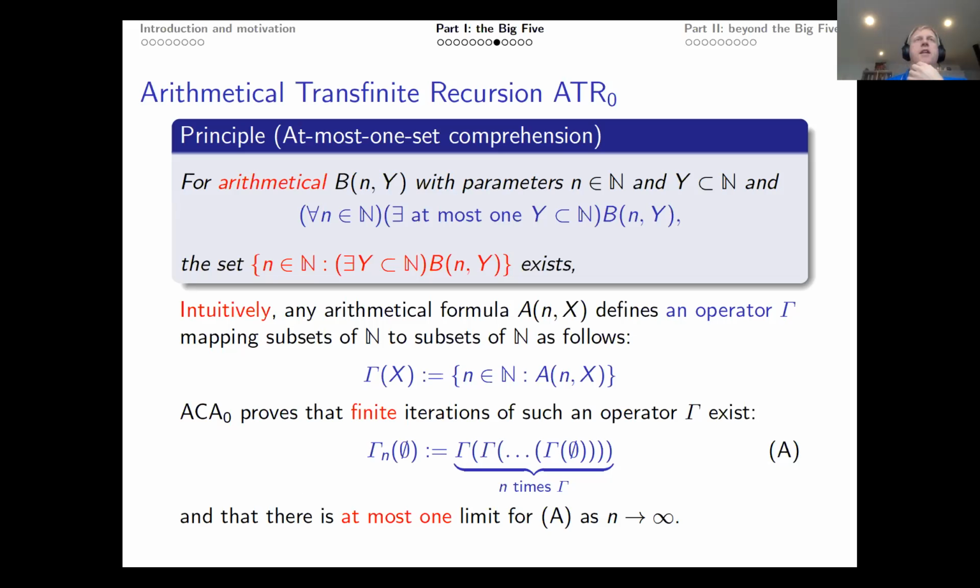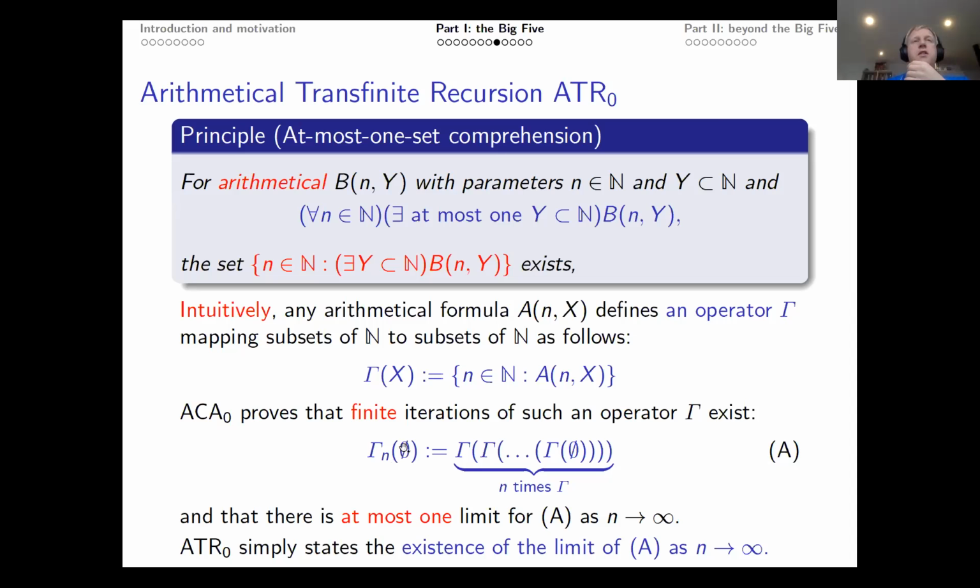We have this condition, and ATR0 just says that this limit just exists, obviously, because there's at most one, so it must exist, essentially. So this is where iteration into the transfinite comes into play. ACA0 can do finite iterations, and ATR0 just says, take the limit to infinity. It's unique, so it exists.